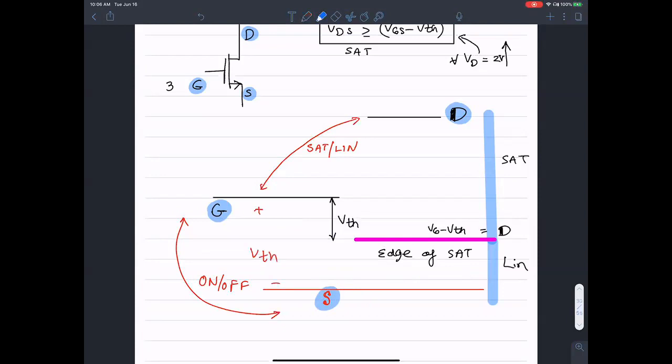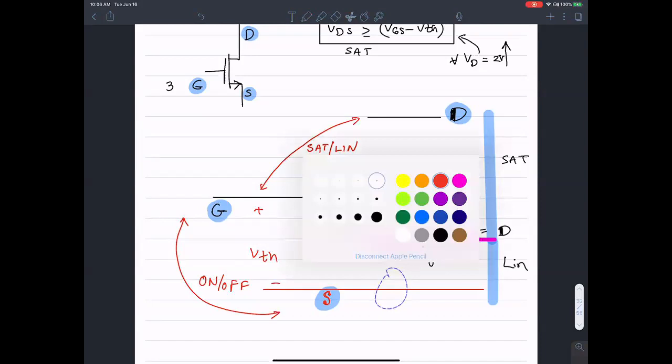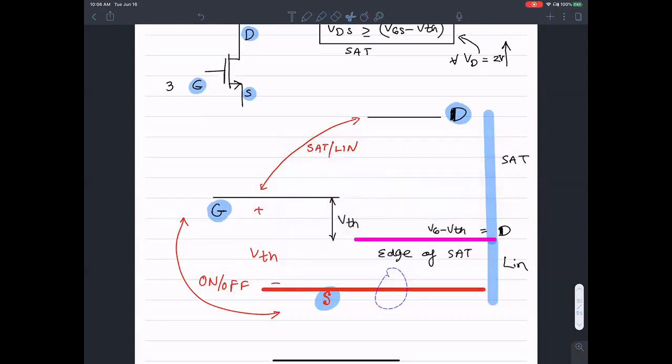Notice that this threshold voltage should be equal to that threshold voltage, but I'm just showing them separately. Both of these should be equal. This is not so much to scale as it is for you to understand the interrelationship. So the idea is that the gate voltage should be above the source voltage by at least one threshold voltage.